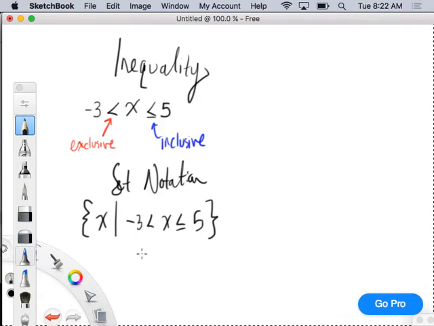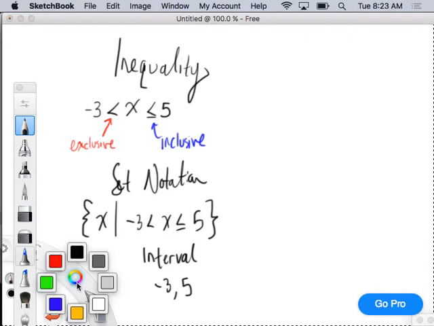And then the last is interval notation. With interval notation, I want to have -3 to 5 be my interval, but I need something to show that I'm excluding -3. What do I use, parentheses or bracket?